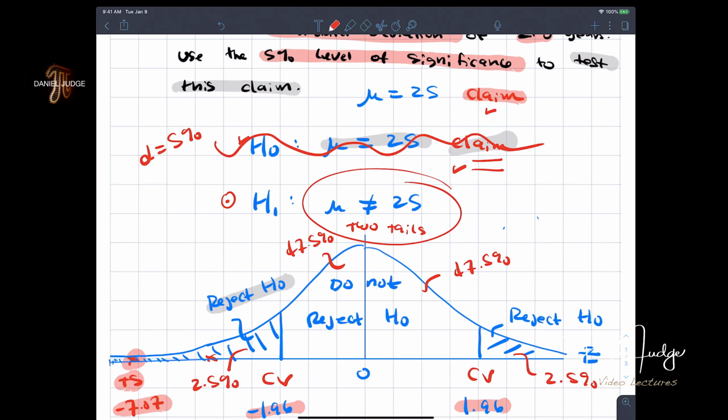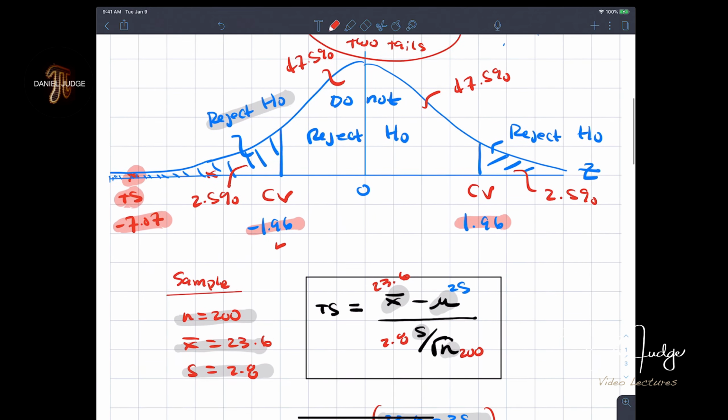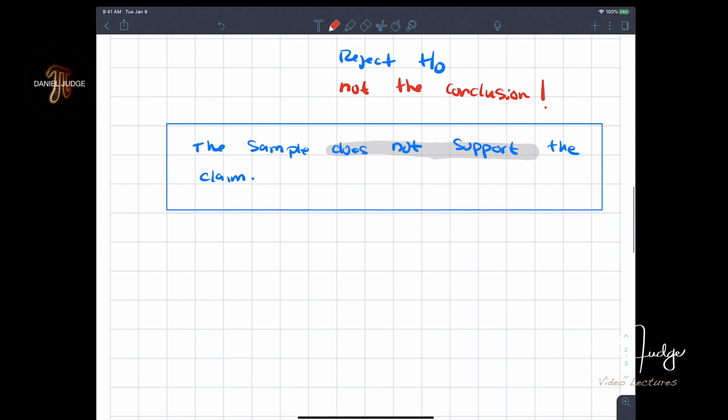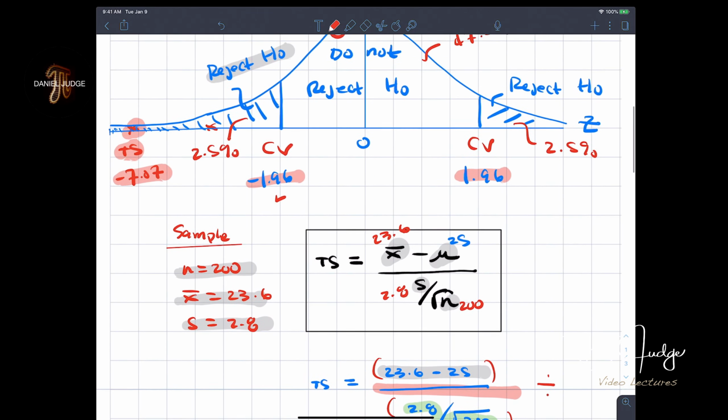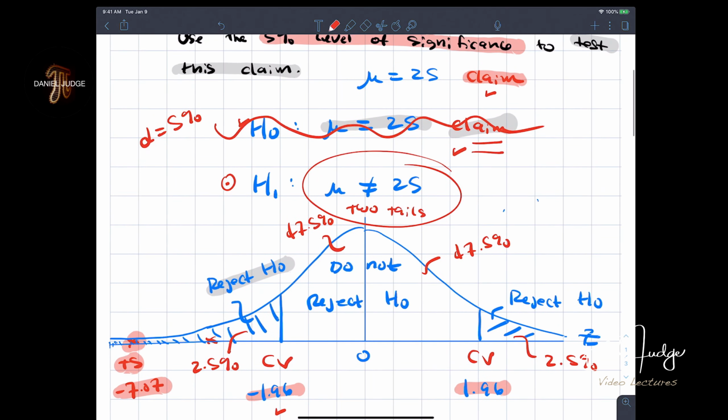But what you write as a conclusion is that the sample does not support the claim, because you are testing the claim. It's a hypothesis test. Remember, claim is the same as a hypothesis. And in this case, it was the hypothesis that the mean is 25. So the sample does not support that claim. It actually really supports the alternate hypothesis, which is that the mean age is actually not 25.